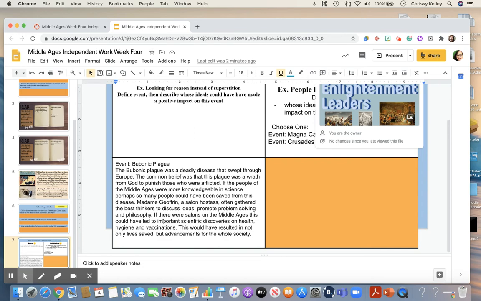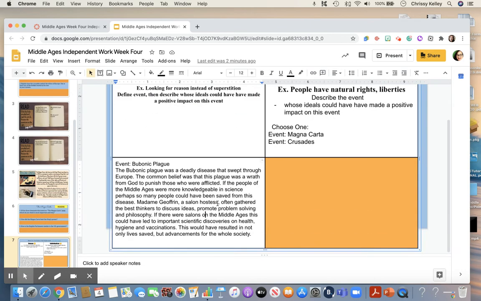Madame Geoffrin, a salon hostess, often gathered the best thinkers to discuss ideas, promote problem solving, and philosophy. If there were salons in the Middle Ages, this could have led to important scientific discoveries on health, hygiene, and vaccinations. This would have resulted in not only lives saved, but advancements for the whole society.